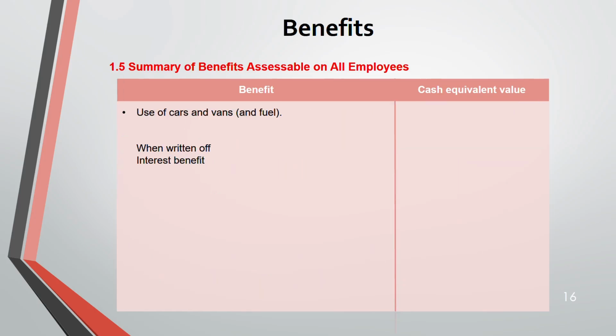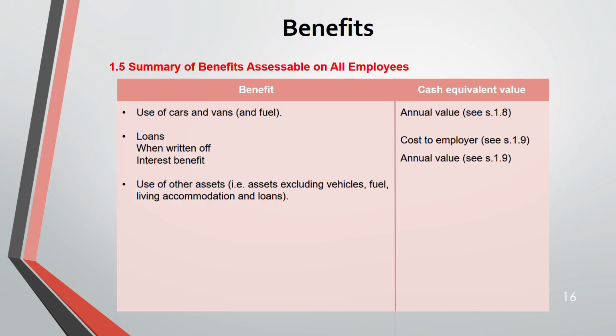Then cars, vans and fuel, annual value. You'll see section 1.8. Loans, cost to the employer, section 1.9, when written off. Okay, annual value.